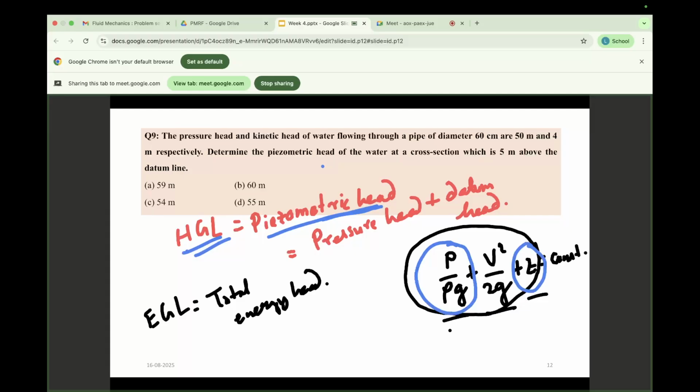So in this question, the piezometric head of water at a cross section 5 meter above the datum line.